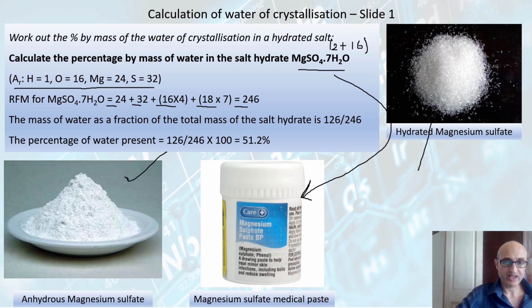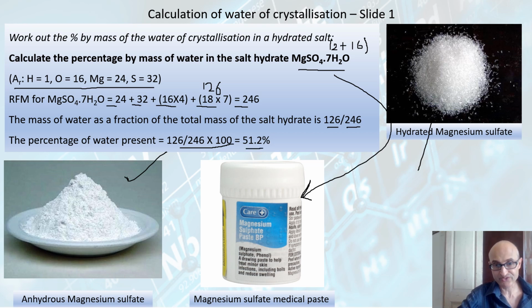Now, since I want to find the percent by mass of water in that compound, all I do is 18 by 7, which works out to be 126. That is the share of the mass of the water. So all I do is divide the share of the mass of the water by the total relative formula mass, and as you have over here, you multiply that by 100. The result is 51.2%.